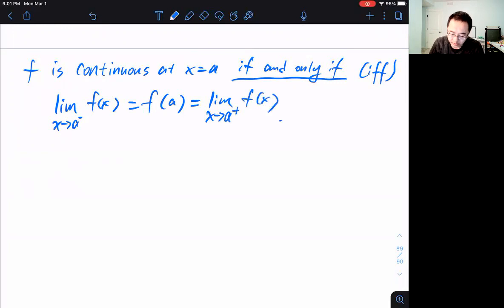If this is true, then f of x is continuous at a, and then a derivative is possible.